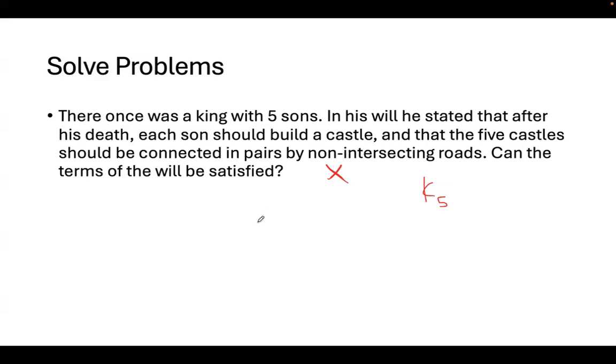Okay, so if we wanted to prove this, let's name them A, B, C, D, E. And then not pictured are AC, AD, BD, BE, and EC. Okay, so let's try putting AC inside.